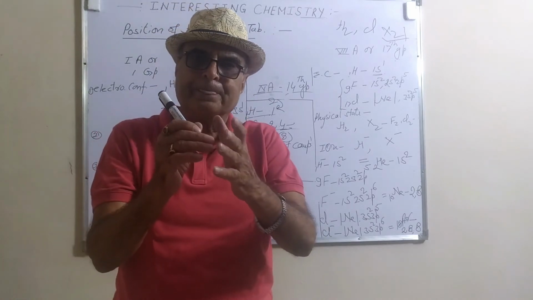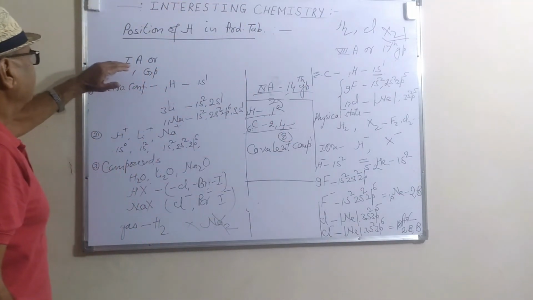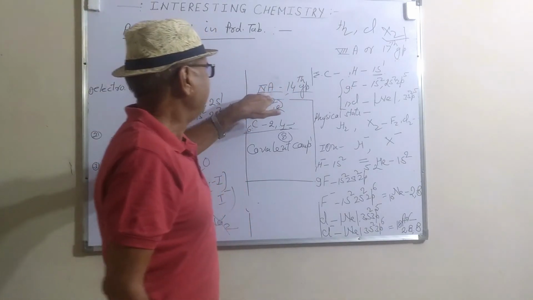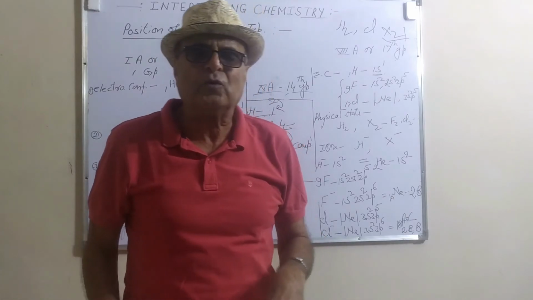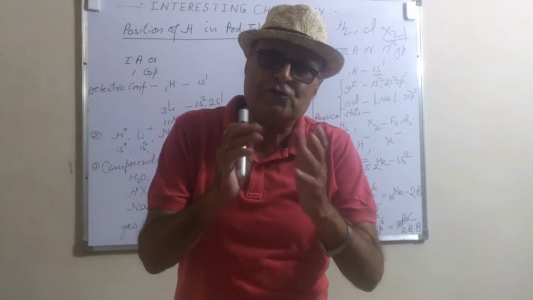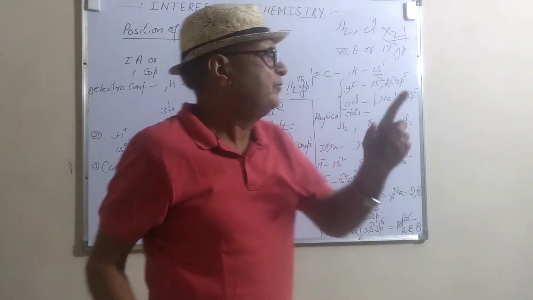In this way, hydrogen can be positioned in the 1st A, 7th A and the 4th A. So it is very difficult to justify in which group we should place hydrogen.